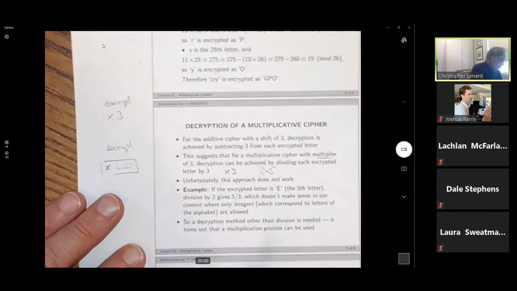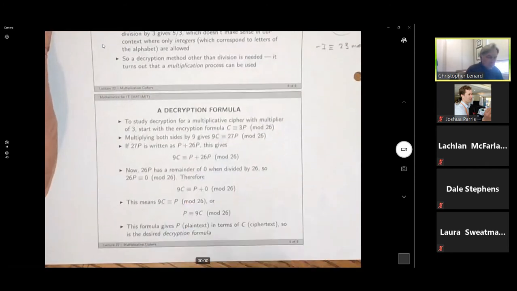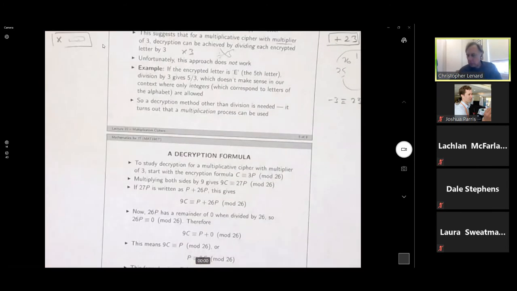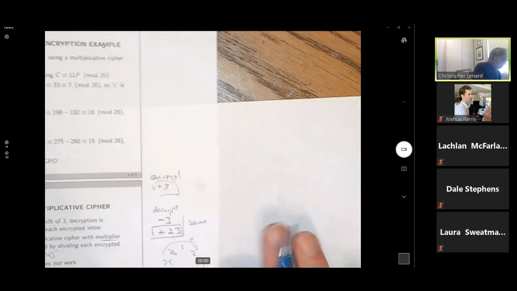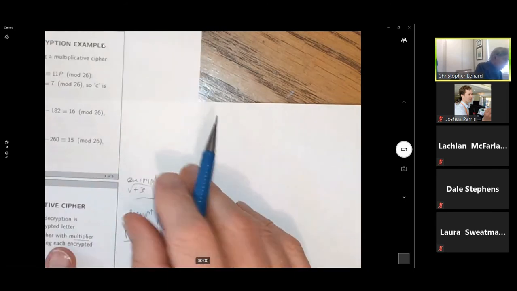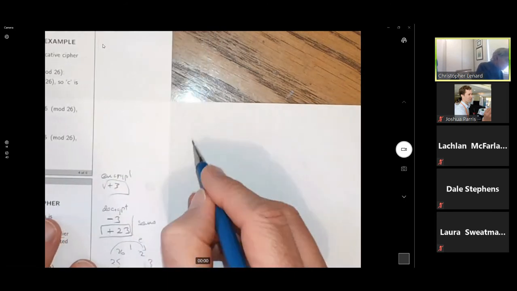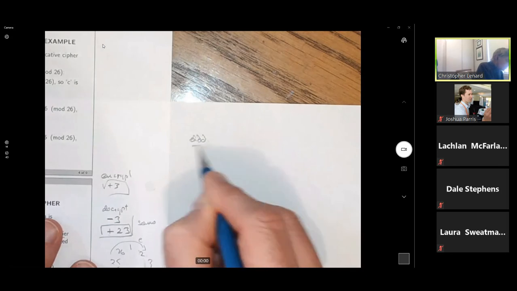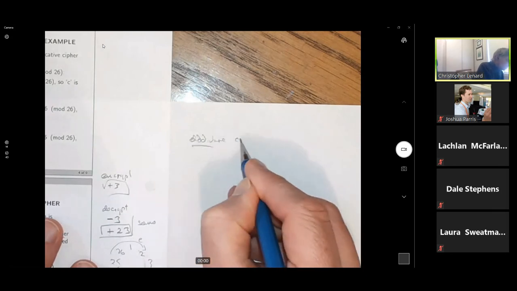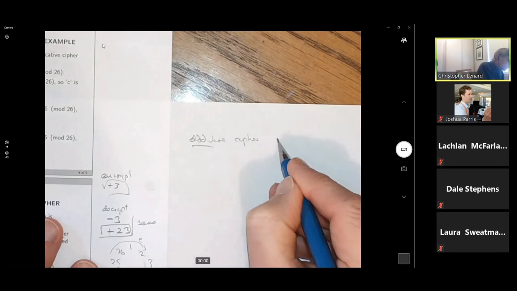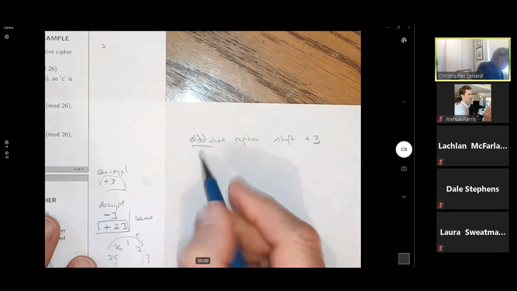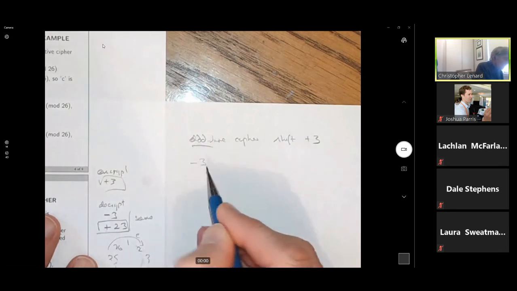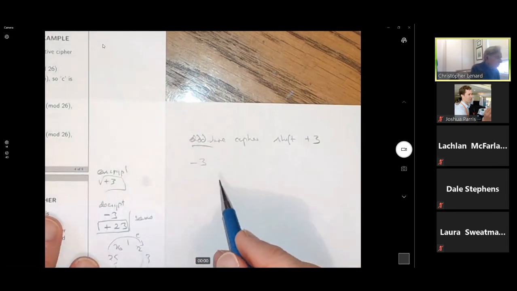I'm going to do this one just slightly differently. Just for the additive cipher with shift +3, when we say -3, what does that mean?